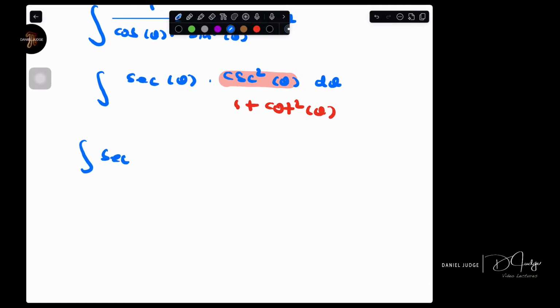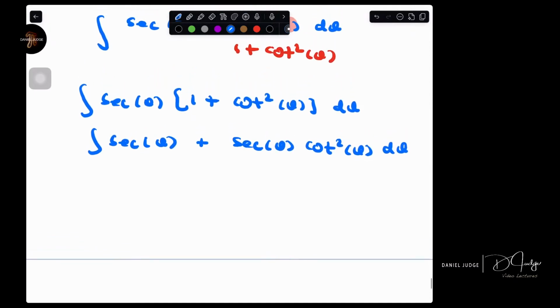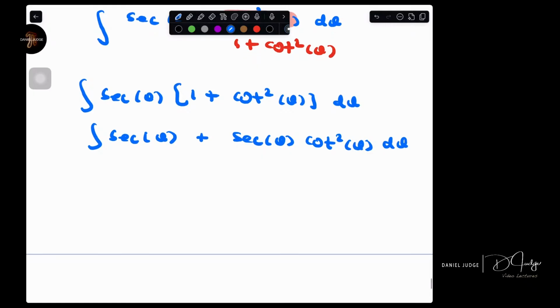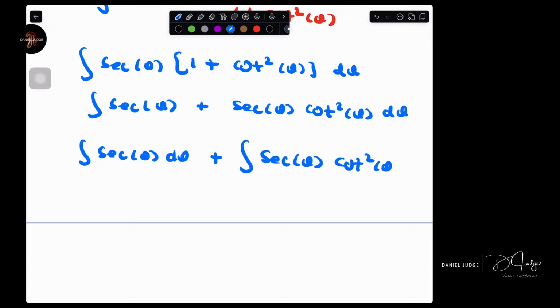So you end up integrating secant theta times 1 plus cotangent squared theta d theta, which is the integral of secant theta plus secant theta cotangent squared theta d theta.